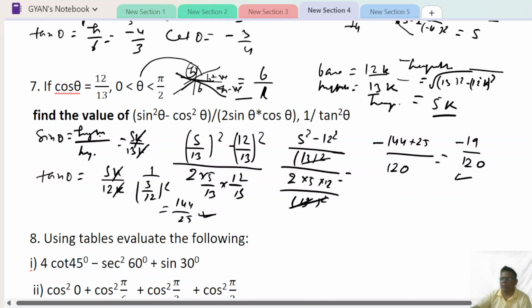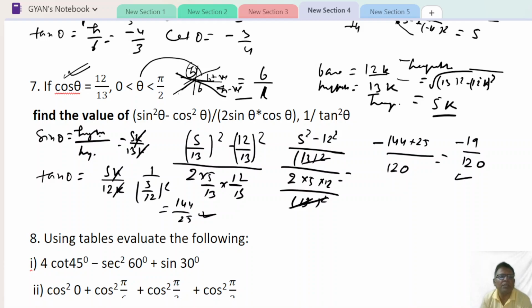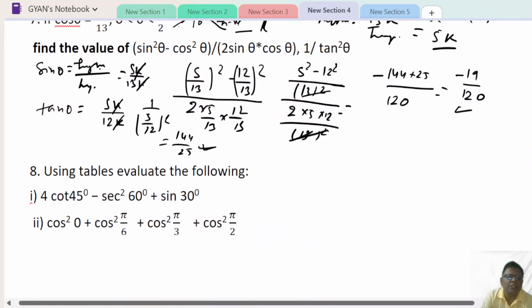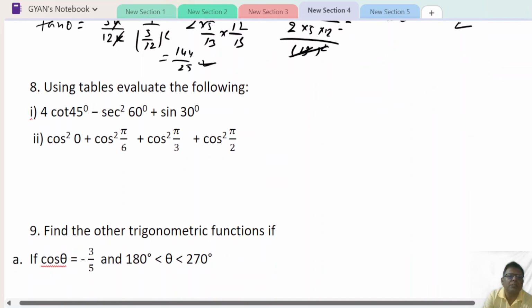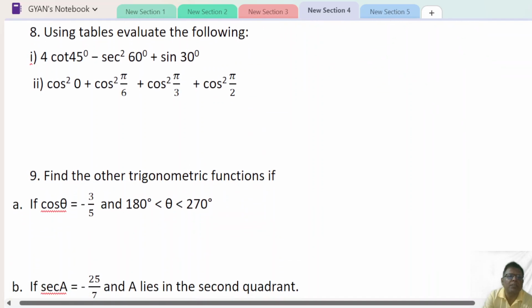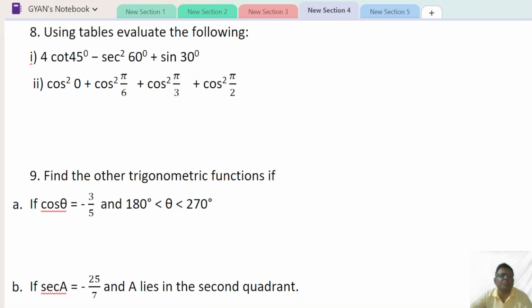So the sign of the trigonometric ratio alone will not tell you whether height is positive or negative or base is positive or negative. For that you must know where theta is lying, in the first, second, third or fourth quadrant. Accordingly, you will decide whether height is positive or negative or base is positive or negative. L, the hypotenuse, is always positive.